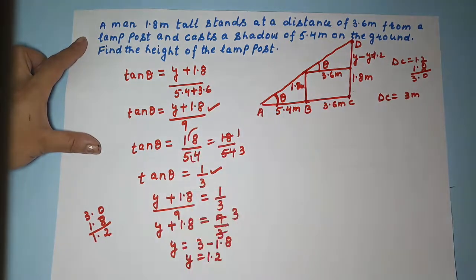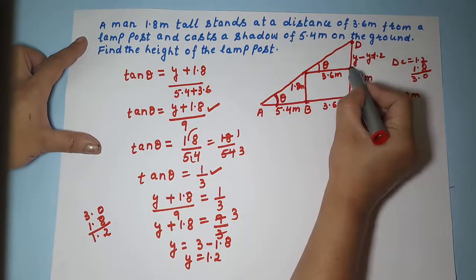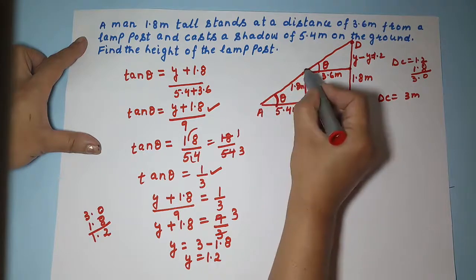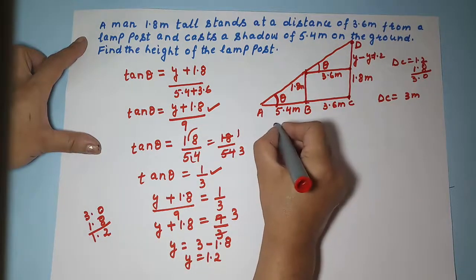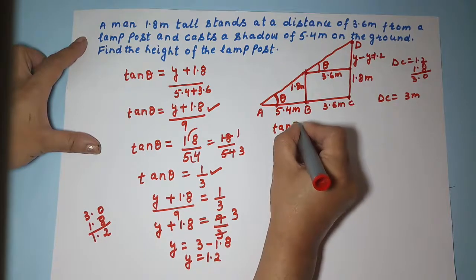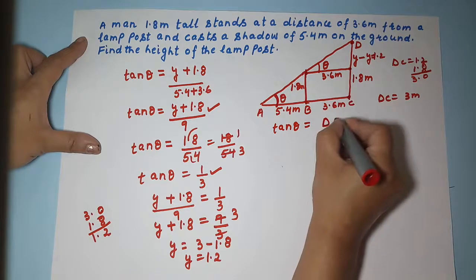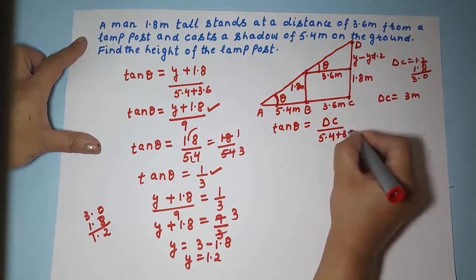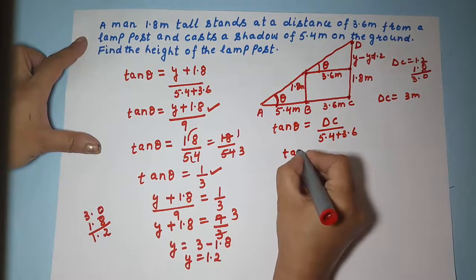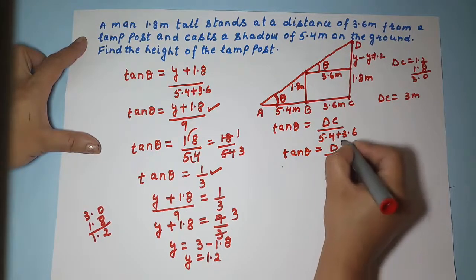See, you can directly do it without choosing this part as Y. You can choose Y if you want to take this and this triangle. What is the other direct way of doing this? You can write tan theta is equal to DC upon 5.4 plus 3.6, so tan theta will be DC upon 9.